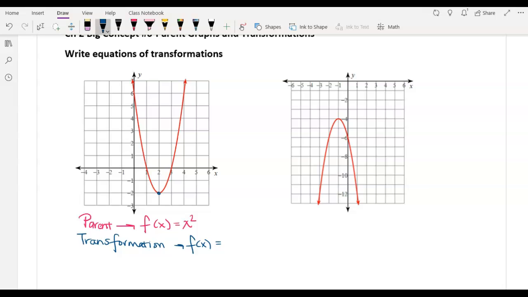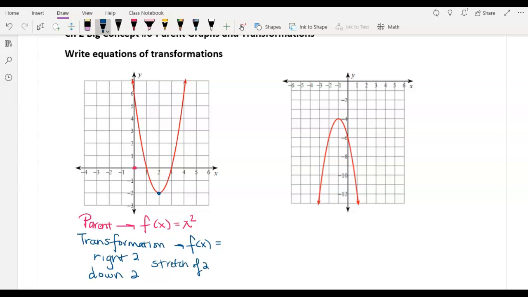Here is our current vertex. We know our original vertex always starts at 0, 0. So we went right 2, down 2, and it looks like we have a stretch of up 2 over 1, so a stretch of 2.